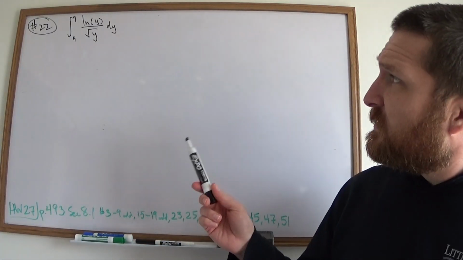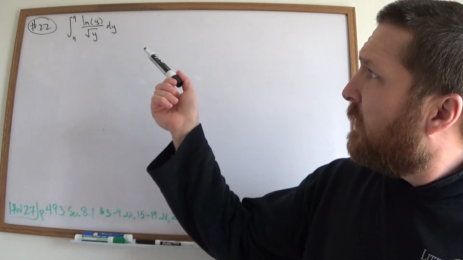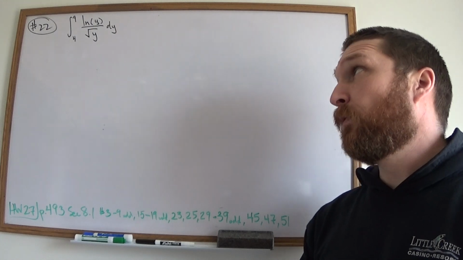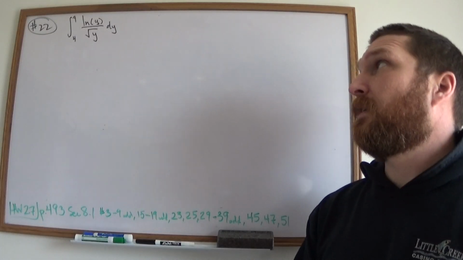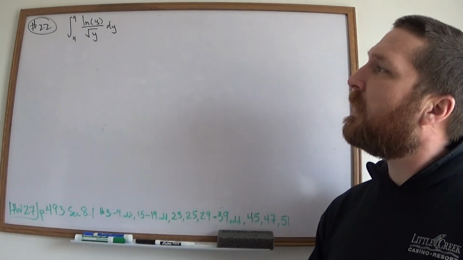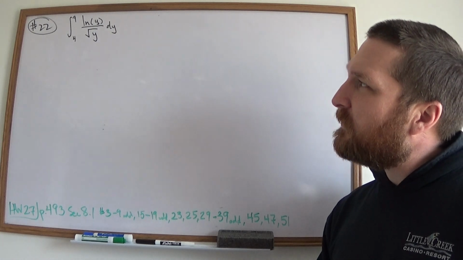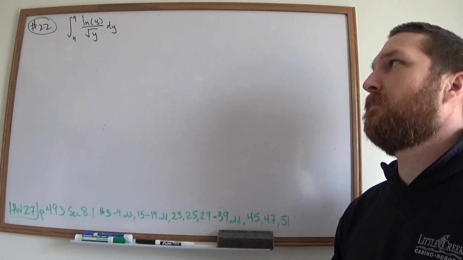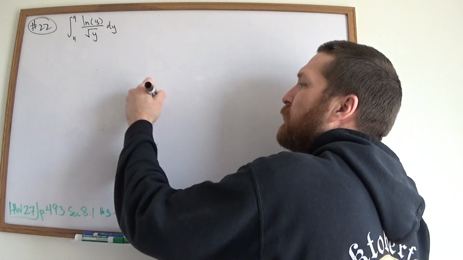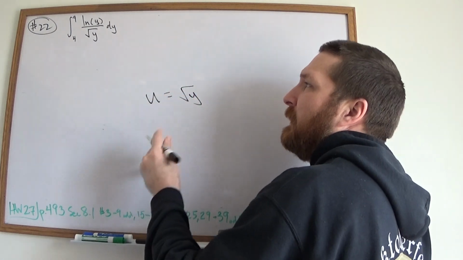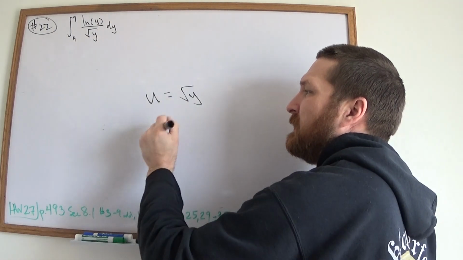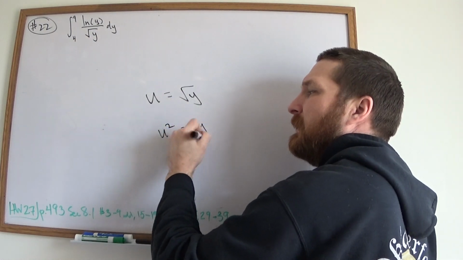Alright, here's number 22. This is the integral of natural log y divided by the square root of y dy from 4 up to 9. So again, if we try to use substitution, the only thing we could say is u is equal to root y, okay, but then that means that log would have to be u squared, I guess.